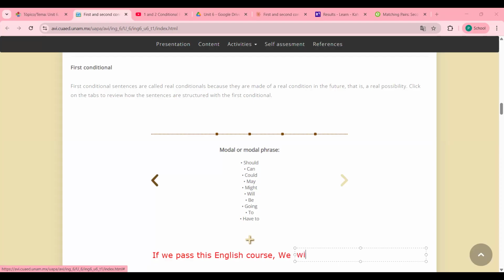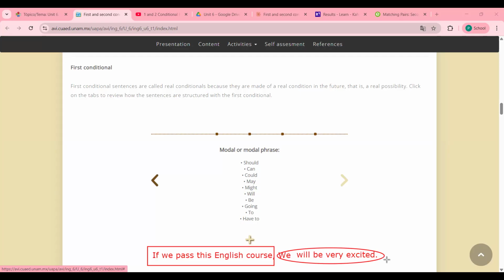We will be very excited. Now, it's my condition, and the result.